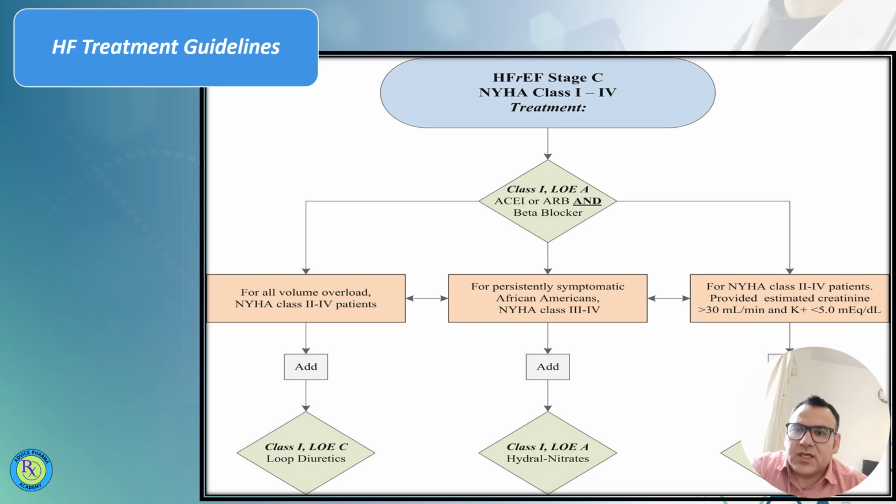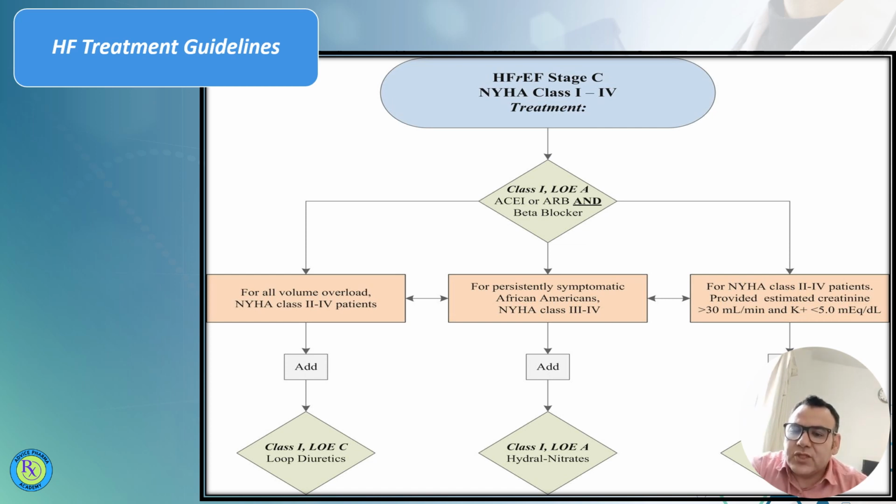Initially ACE is recommended, and ARB if the patient has intolerance to ACE, like cough or angioedema. Then the beta blocker can be added when the patient is stable.